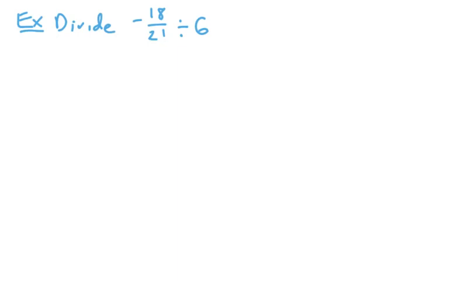So negative 18 21st divided by 6. Okay, now here's the problem. We've been talking everything about fractions, and the second number is not a fraction. That's okay. Any whole number can be changed into a fraction by simply writing it over 1. So 6 is the same as 6 over 1.